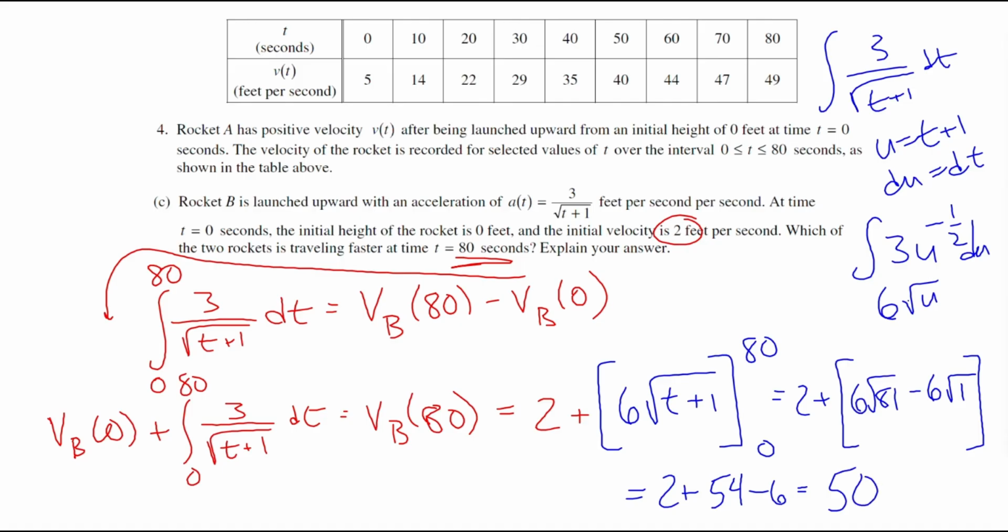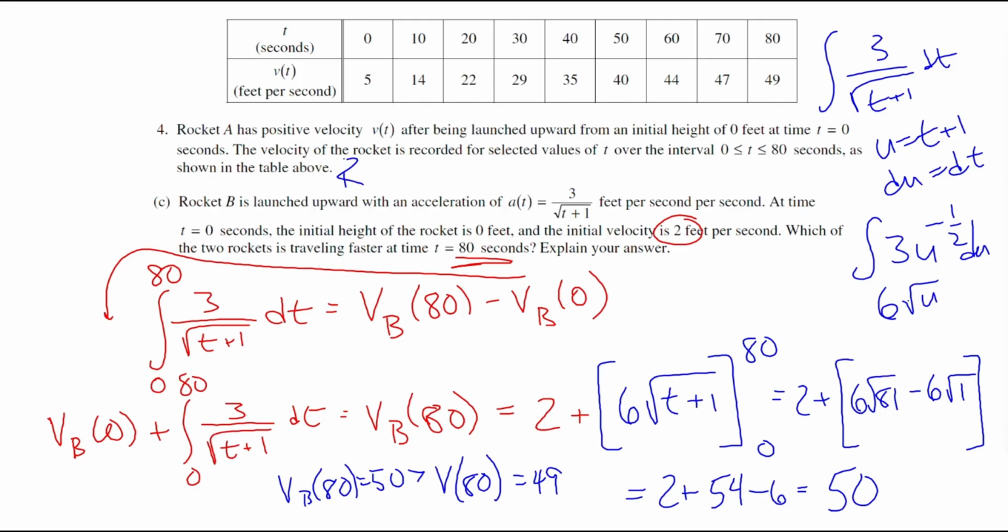And we'll note that that tells us that v sub b of 80, which is 50, is greater than v of 80, which was 49. And so we could say rocket B is traveling faster.